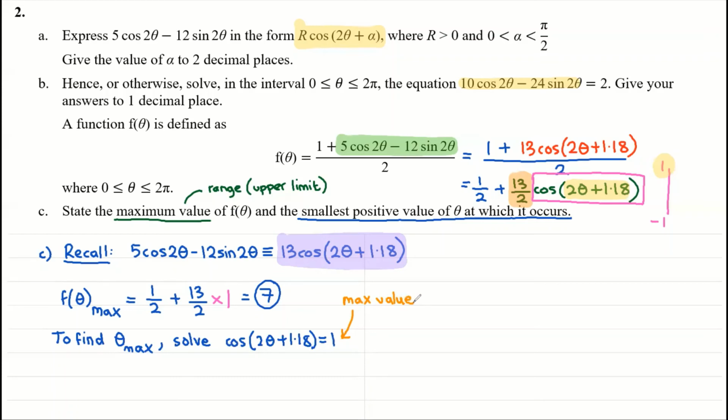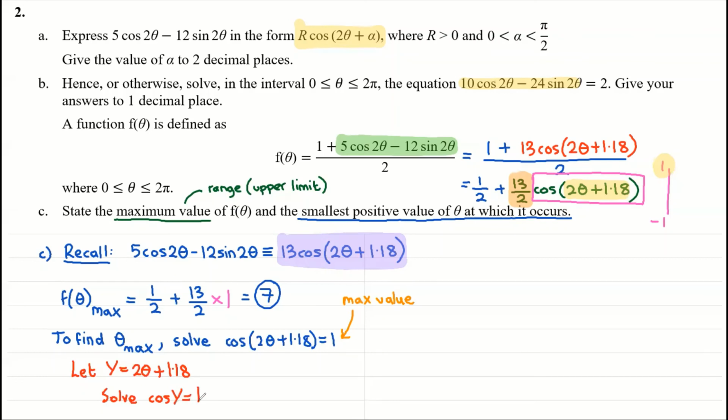So for this, we can use a CAST diagram. Now I used big X before, so let's use Y. Let big Y equal 2 theta plus 1.18. Then we're going to solve cosine of big Y is equal to 1.